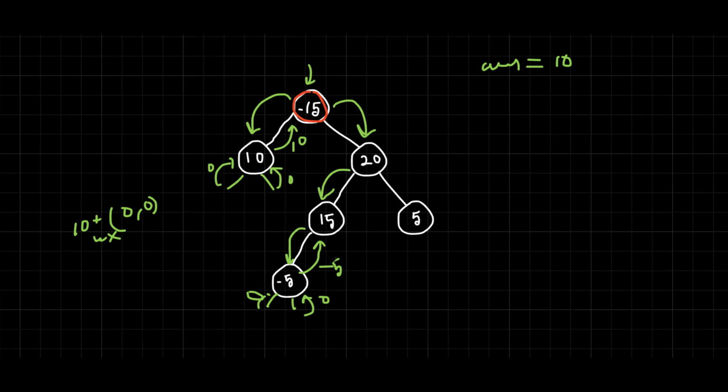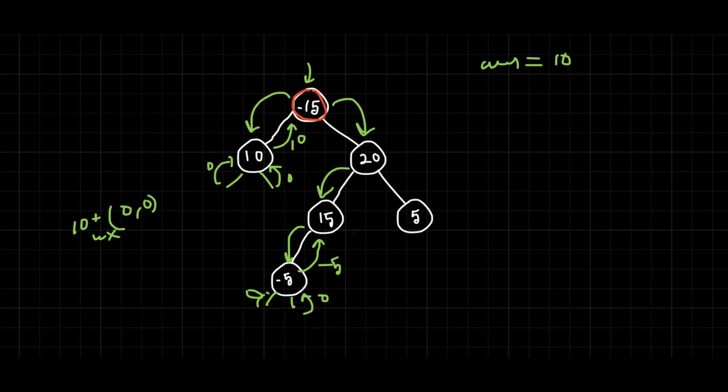Here, as its left subtree is returning a negative value, it is not ideal to consider it. If we take the negative value, the final answer cannot be maximized. So the node 15 will not consider its left subtree, and it will return the value 15 as well.